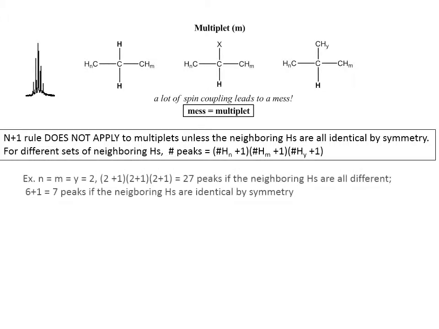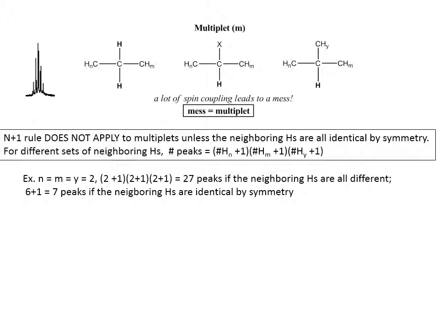So for example, if all of the different protons surrounding CH are different, then even if n, m, and y are all the same, they're all equal to 2, the number of peaks would be 2 plus 1 times 2 plus 1 times 2 plus 1, or 27 peaks.